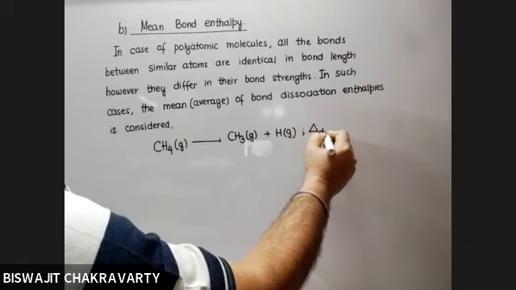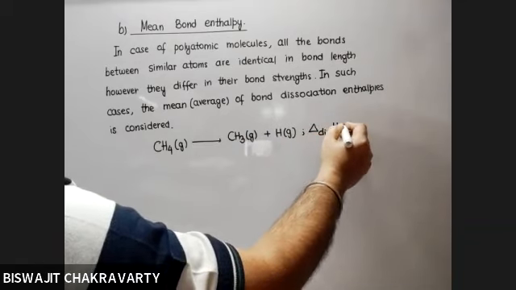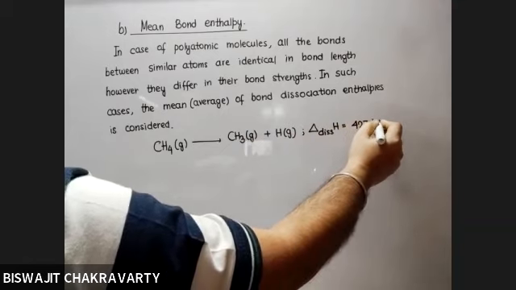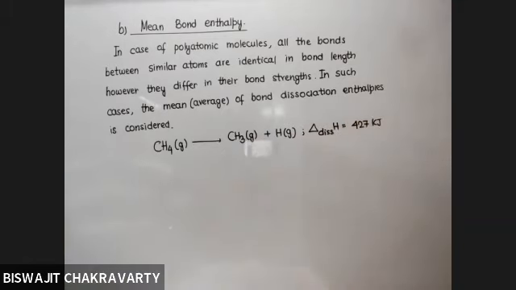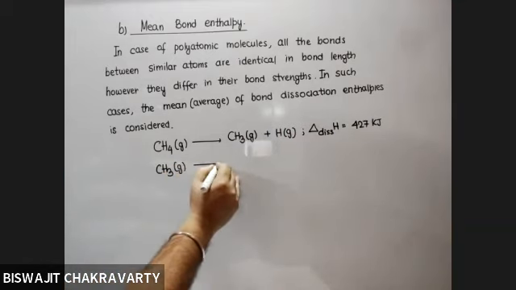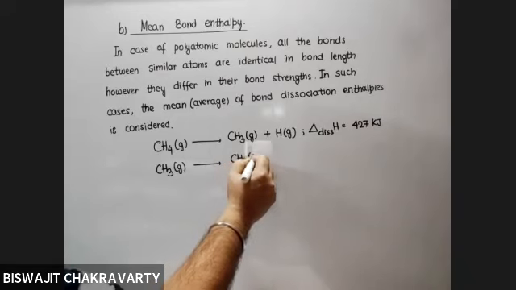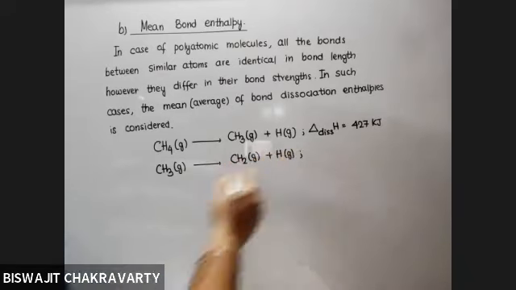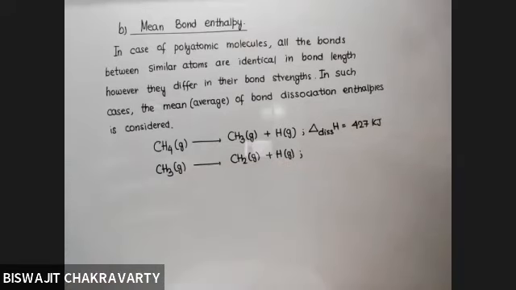Say bond dissociation enthalpy for this step requires 427 kilojoules. Again, from CH3 gas, I take out one more hydrogen. So step by step, we are breaking down the carbon hydrogen bonds.